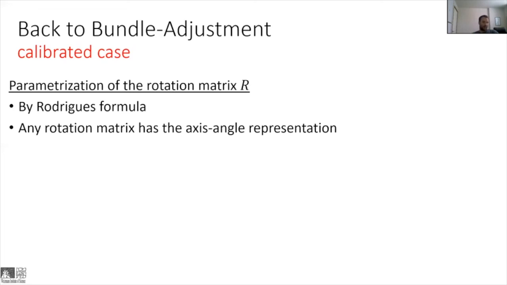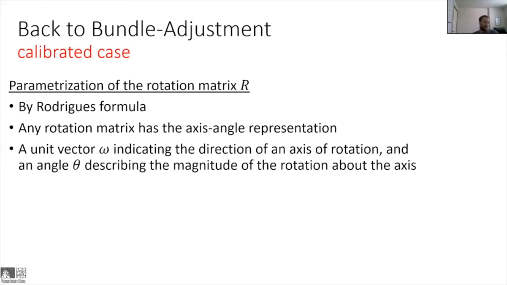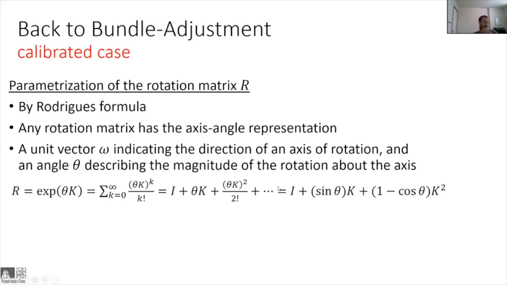The idea is that every rotation in 3D can be represented as a direction and an angle of rotation along this direction. A unit vector omega indicates the direction of the axis of rotation, and the angle theta describes the magnitude of the rotation about this axis.